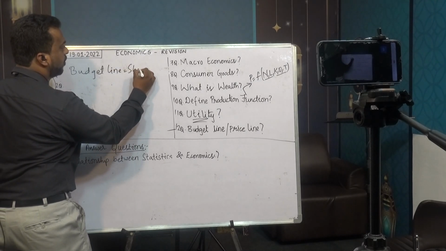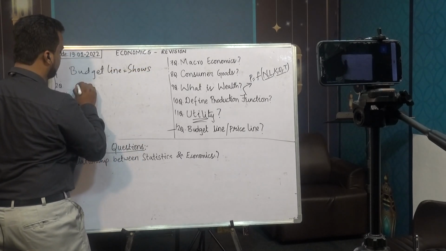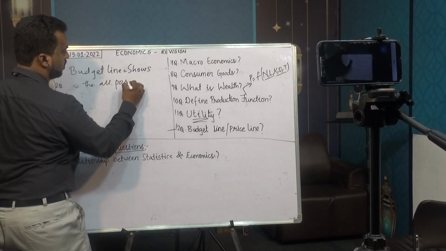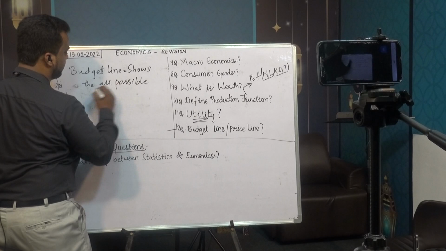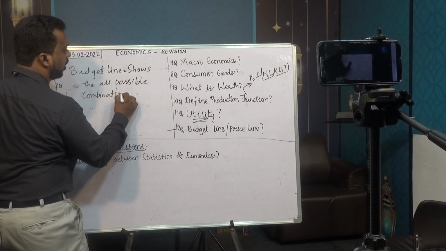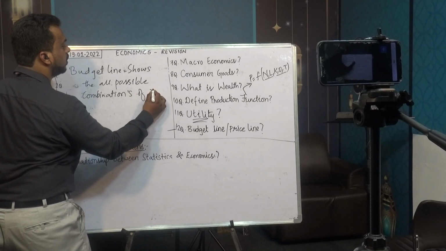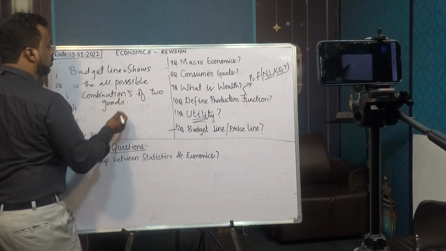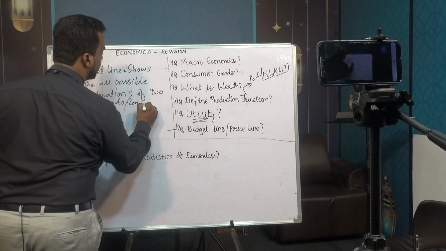Shows all possible combinations of two goods or two commodities.